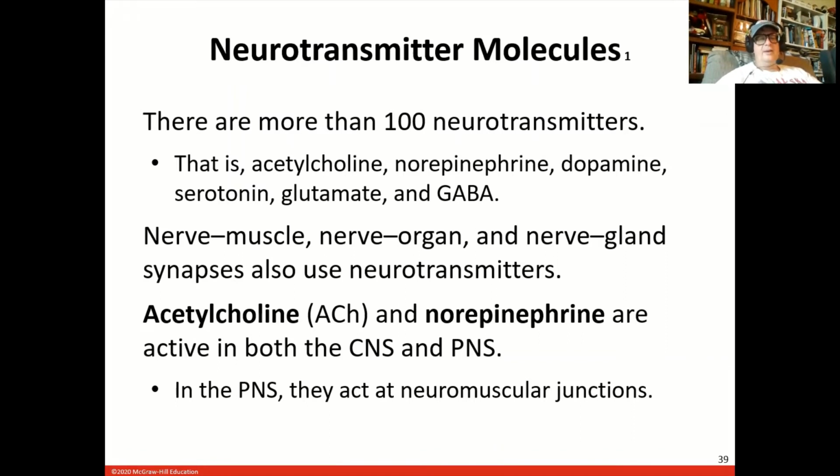You have synapses between nerve and muscle, nerve and organ, nerve and gland, and all of those use different types of neurotransmitters. Acetylcholine and norepinephrine are super famous because they work in both the central nervous system and peripheral nervous system. What that means is they were probably detected pretty early, and there's been a lot of research on them.